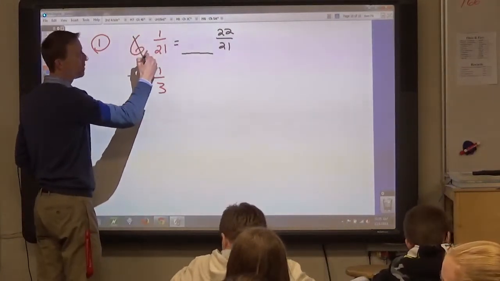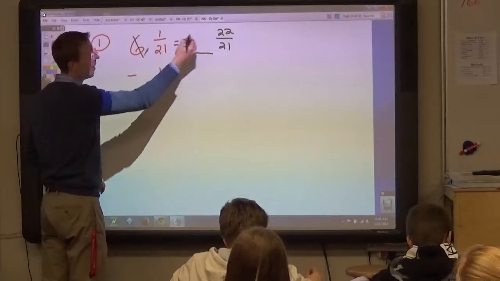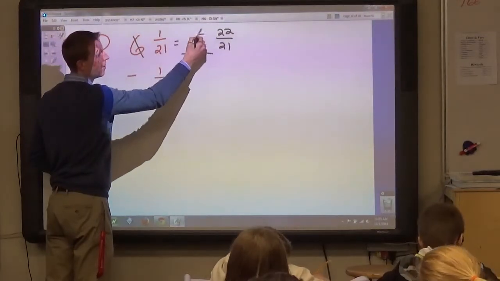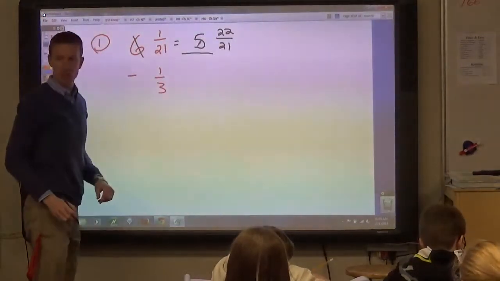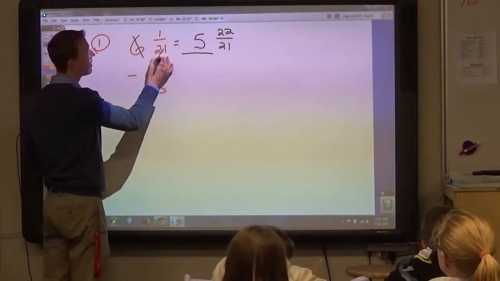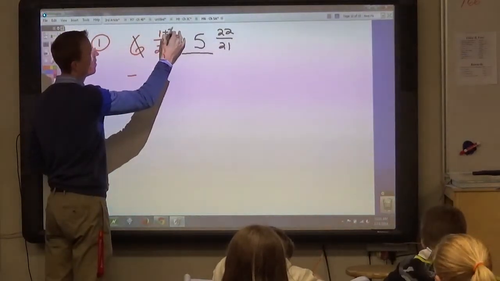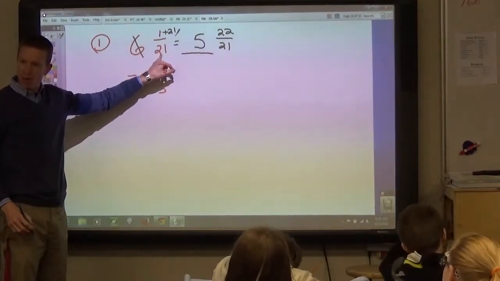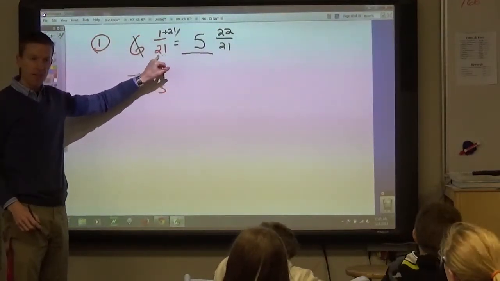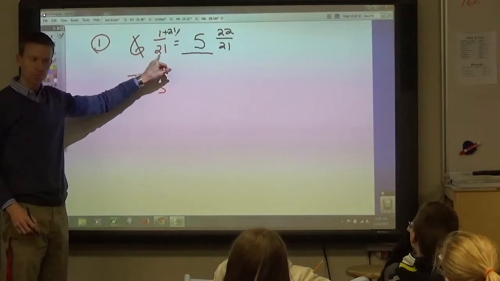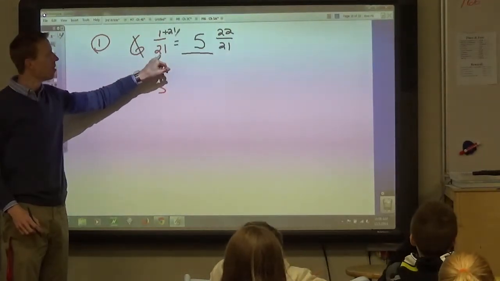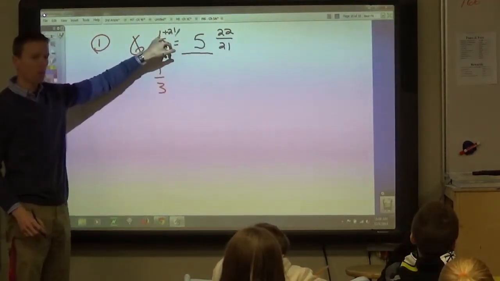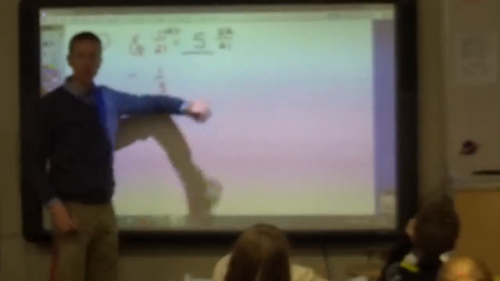Okay, so we're going to take 1 away, and now we have 5 wholes left. And then let's add 21 pieces. We know we're going to have 21 pieces because the denominator is 21. So if we add 21 pieces to the 1 piece we have, we get 22 pieces.